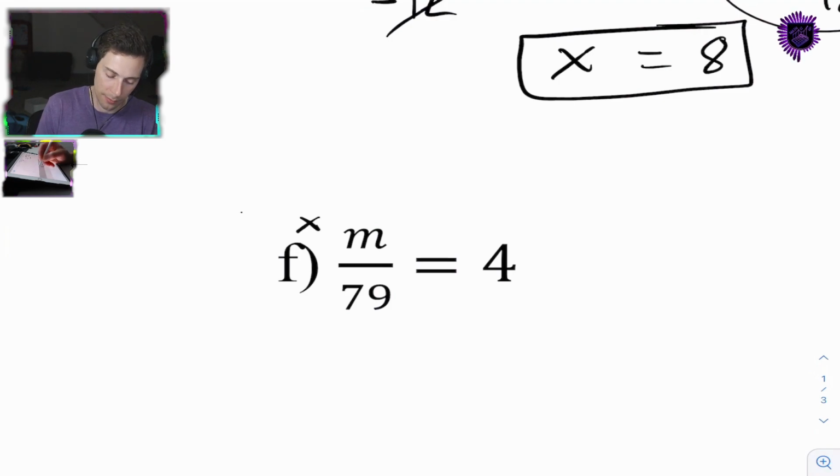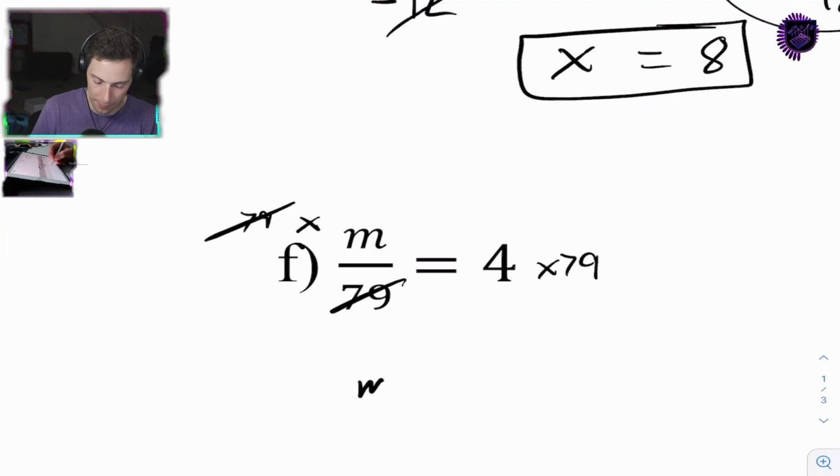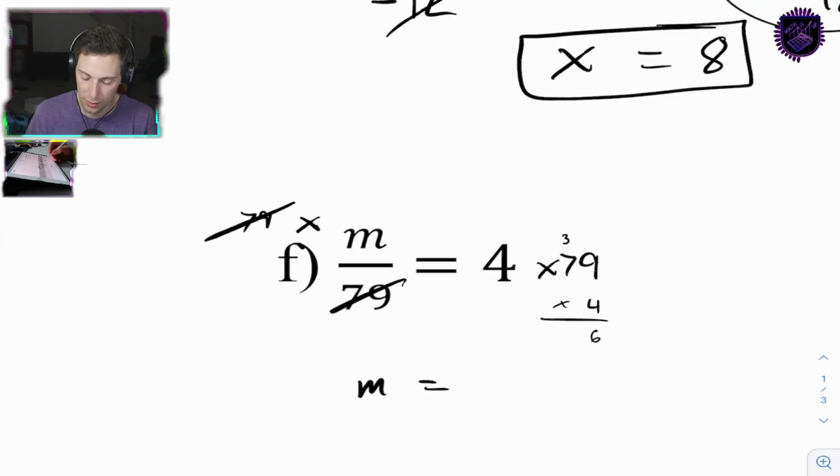So we want to multiply by 79 on both sides, canceling out that, which means M is equal to 4 times 79. 4 times 80 would be 320, minus 79... 4 times 9 is 36. 4 times 7 is 28, plus the 3 is 31. 316.